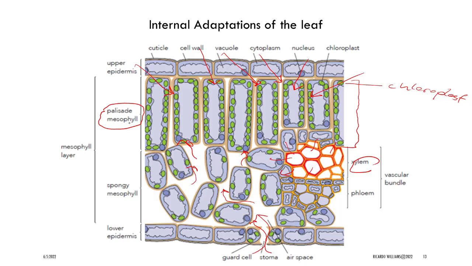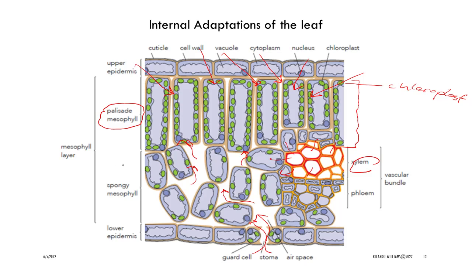So the palisade is more organized, while the spongy is more irregular in their organization and their shape. Both of them carry benefits, because the palisade being more organized in its arrangement will allow for maximum absorption of light. No light will escape at the top.